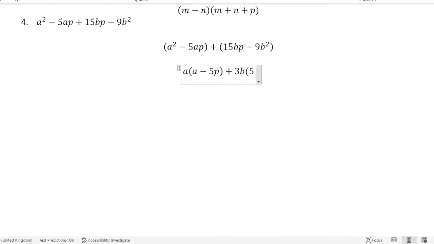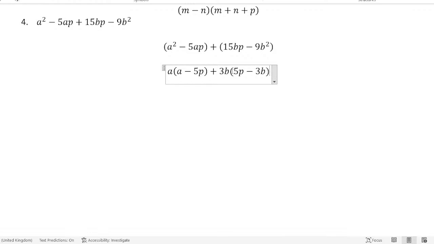So we're left with 5p minus 3b, then we close the brackets.